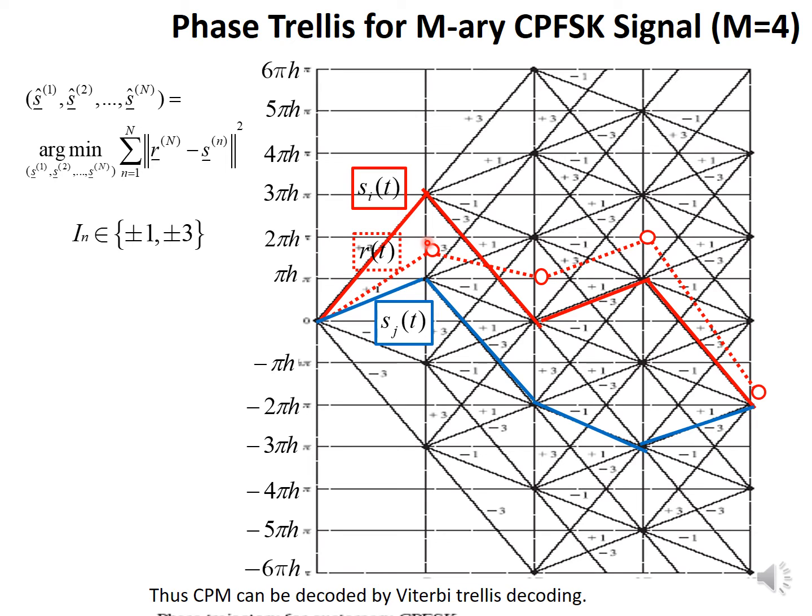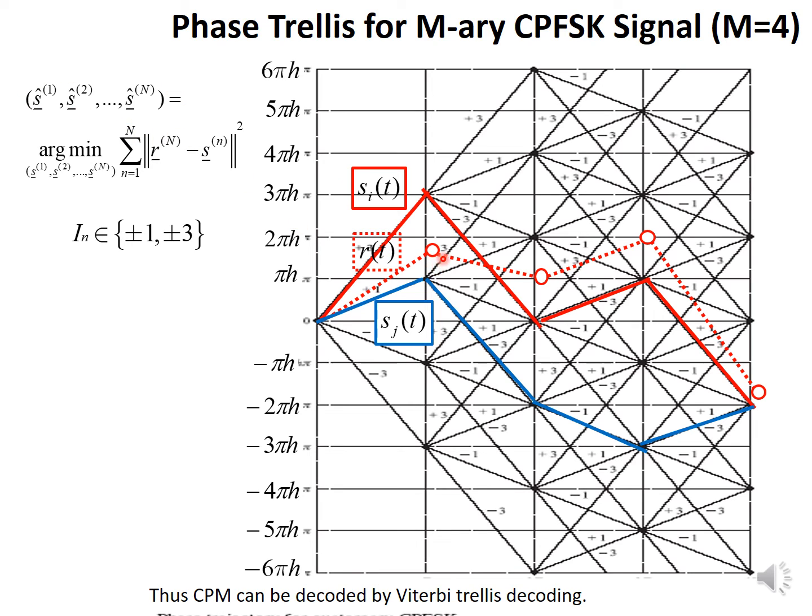However, if overall this red path has the shortest difference with the received path, then we say this Sj is the optimum decision of the path.